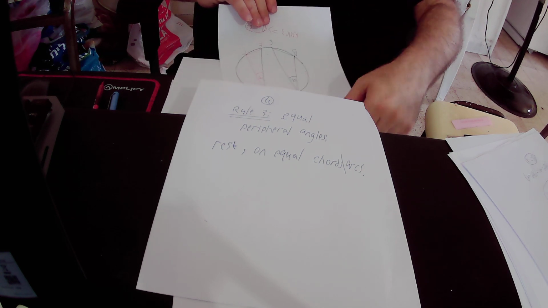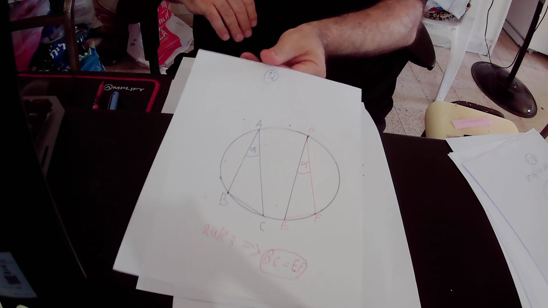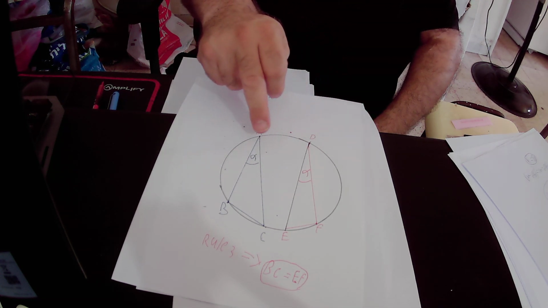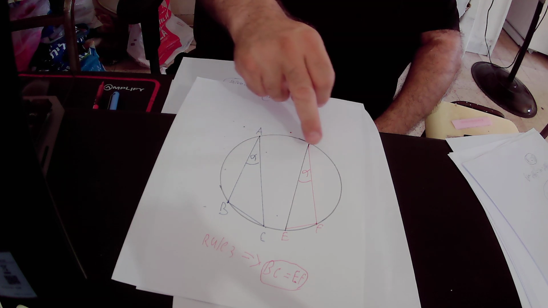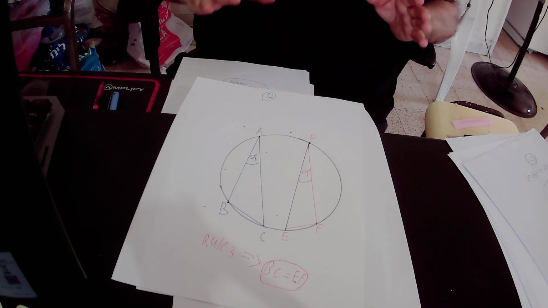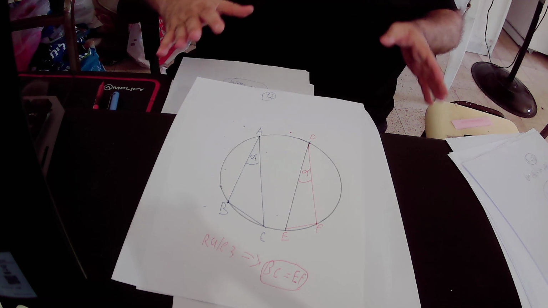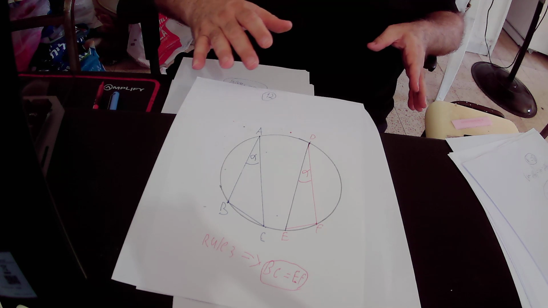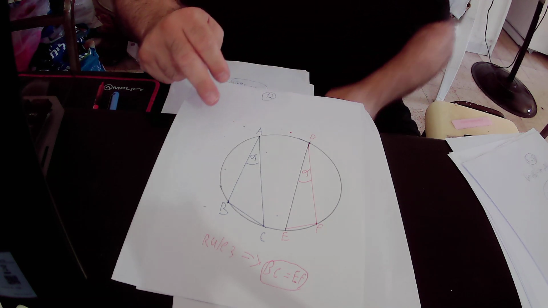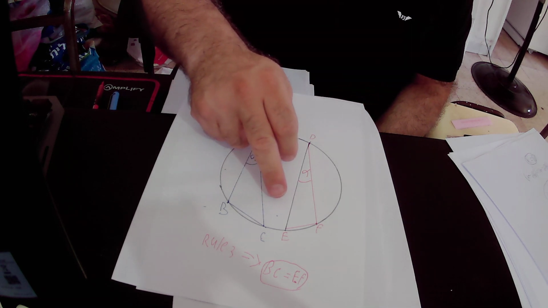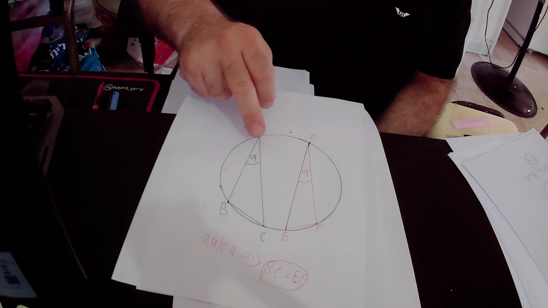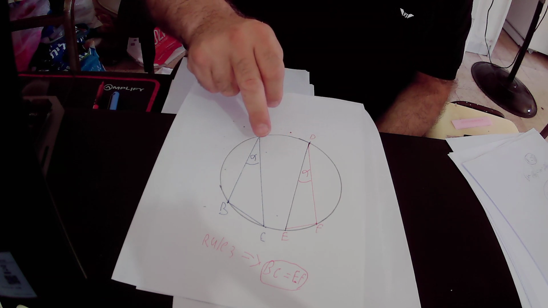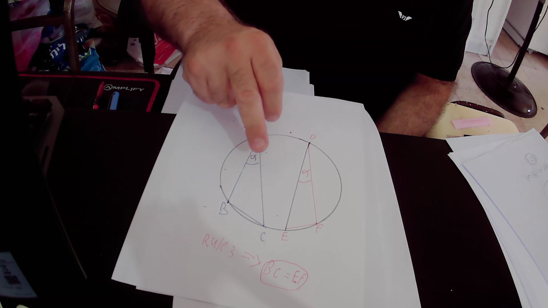So actually, if we have two peripheral angles that equal each other, in this example they both equal alpha, then according to rule number 3, they rest on equal chords or arcs. That is to say, BC equals EF, because the angles equal each other, so they rest on equal chords.